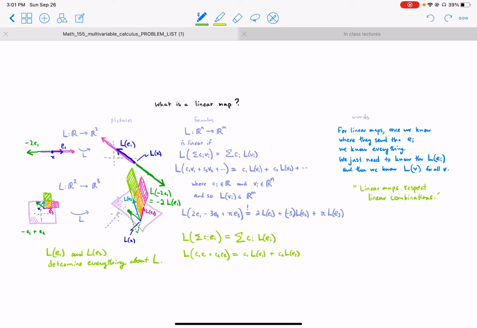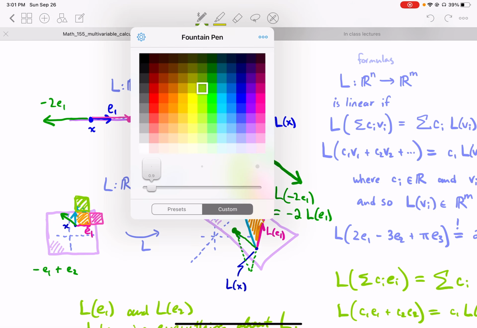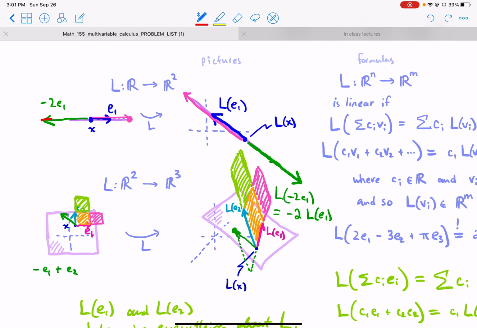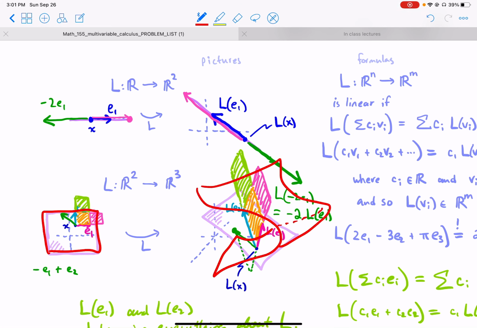Okay. In the next video, we'll see that the linear map that we'll be interested in is the derivative of a nonlinear map. A nonlinear map might take this whole line and send it to some curve. A nonlinear map might take this whole plane and send it to some surface. And so nonlinear maps are sort of crazy. Who knows what they're going to do?